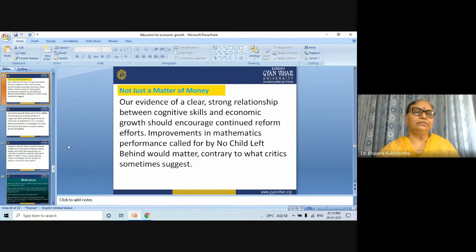And the matter of money, yet reforms should bear in mind that money alone will not yield the necessary improvements. Many expensive attempts around the world to improve schooling have failed to yield actual improvements in student achievement.